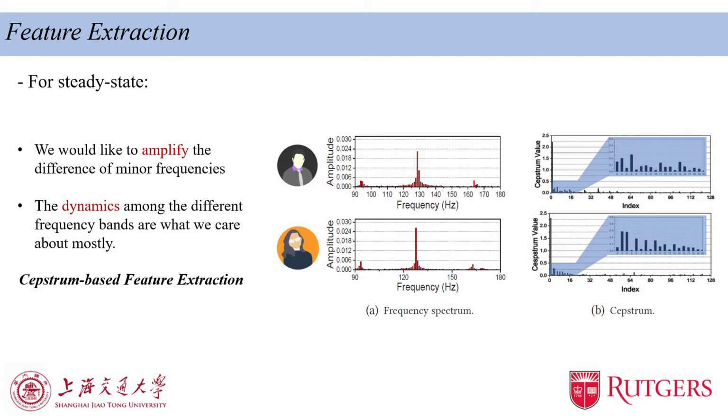Cepstrum is the opposite of spectrum, and it can reflect the small dynamics in different frequency bands. The well-known MFCC, used widely in voice processing, is a special kind of cepstrum. And we can see here, after cepstrum processing, the differences between two users become much more clear.